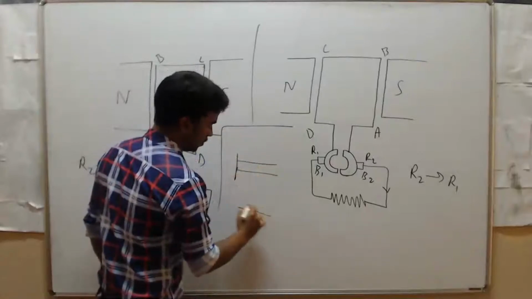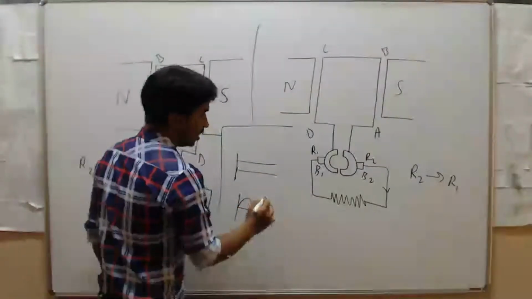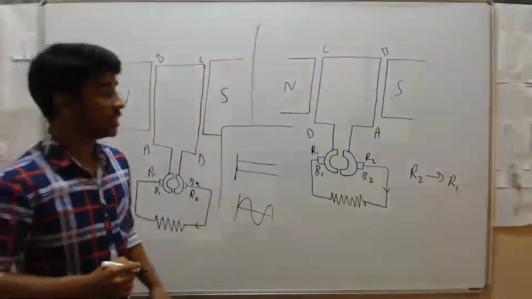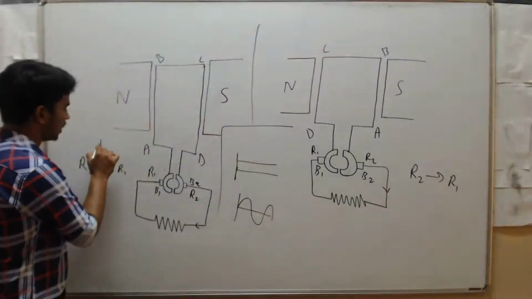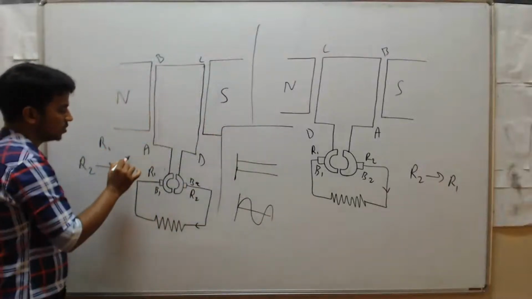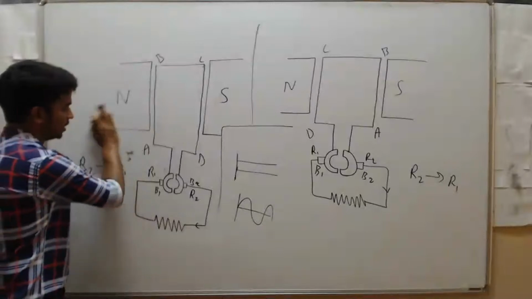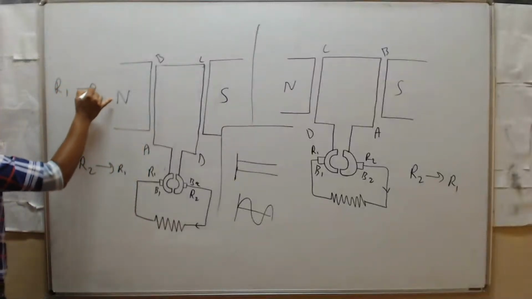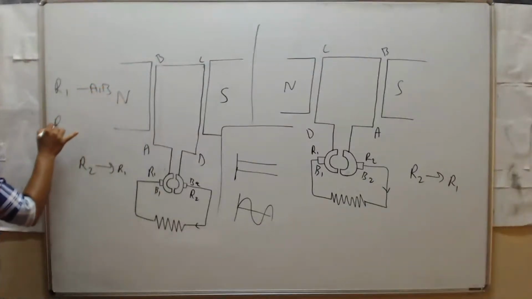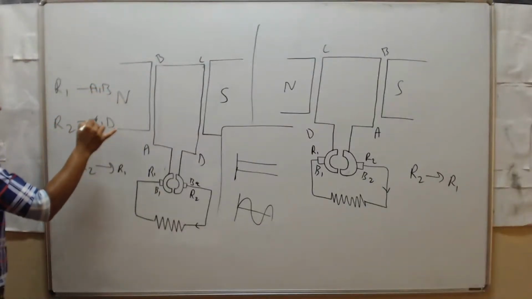Suppose what about AC current? For AC current, we are using slip rings. There AB is connected to ring R1 only and CD is connected to R2 only. In the AC generator, AB is connected to R1 and CD is connected to R2 only.